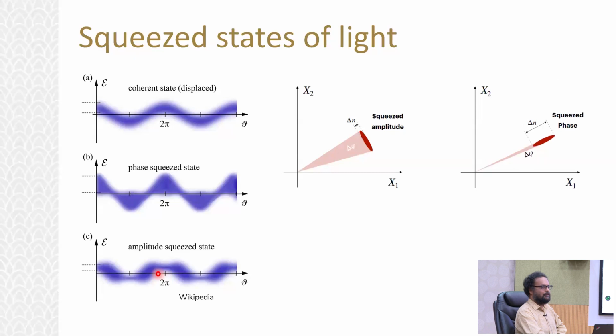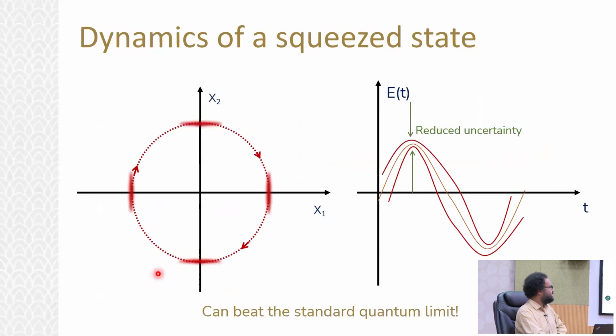All right, so this is the evolution of a squeezed state, for example. You could beat uncertainty. You can beat the standard quantum limit, you can go beyond the shot noise limit by doing this, which is at the heart of this.